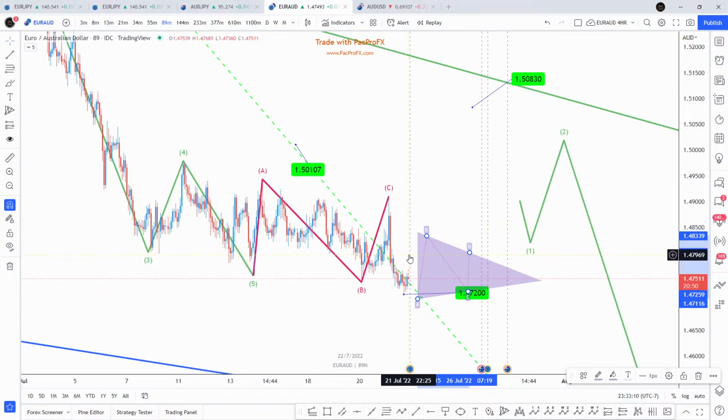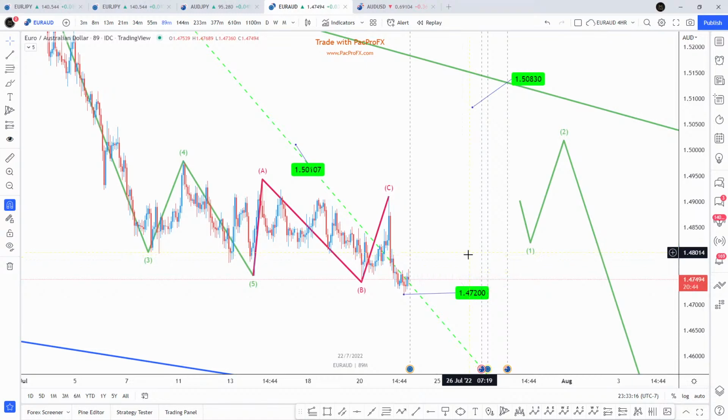But yeah, I can't confirm this one. This one here is really dirty, you know. I mean, even this ABC pattern is pretty weak.